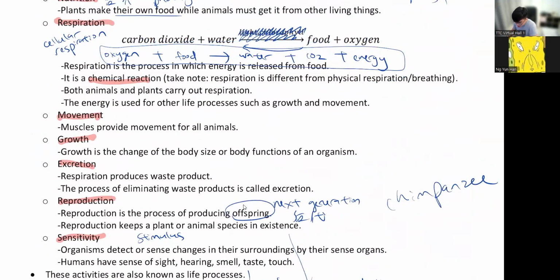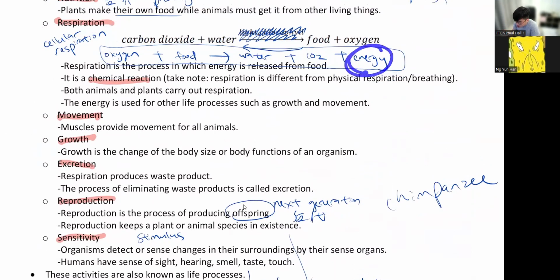Okay, this is your respiration. And the reverse of respiration is called photosynthesis, right? Photosynthesis and respiration. So respiration is what we do. We take food, which is glucose, we mix it with oxygen, we turn it into water and carbon dioxide and energy, right? Whereas photosynthesis is the reverse.